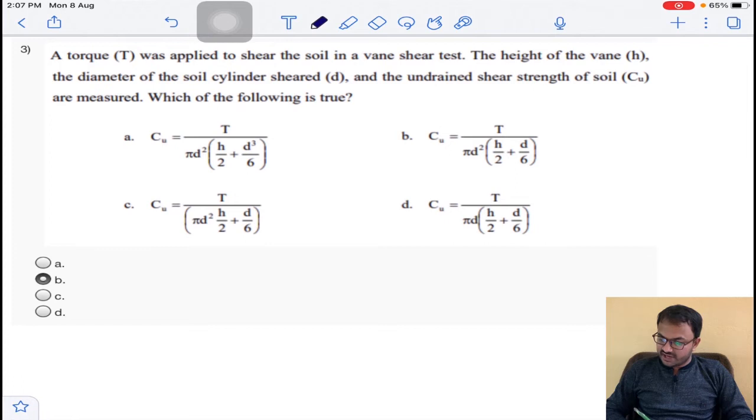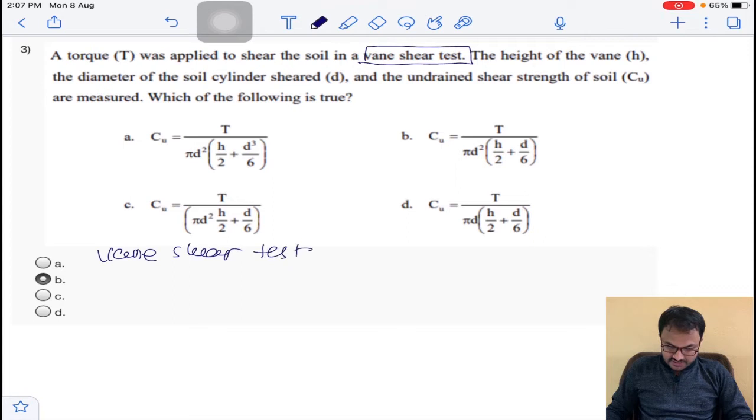A torque T was applied to shear the soil in a vane shear test. So it is the data of vane shear test. The height of the vane H, the diameter of the soil cylinder sheared D, and undrained shear strength of the soil Cu are measured. Which of the following is true?